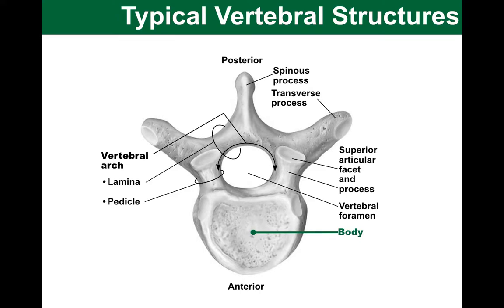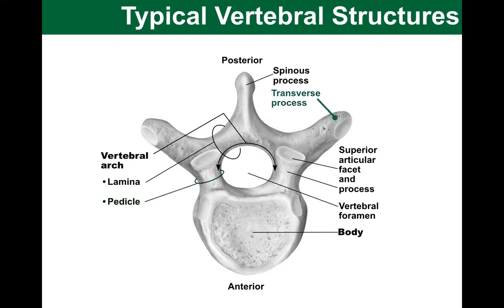The body forms the bulk of the vertebra. And we also have foramen. This is the term for the holes in these structures. So here it is in relation to the vertebra. And the part that connects the processes of the vertebra, the posterior part to the body, is known as the pedicle.